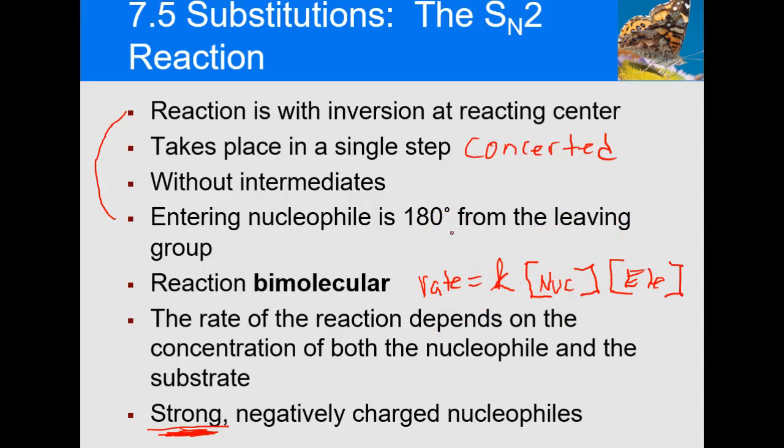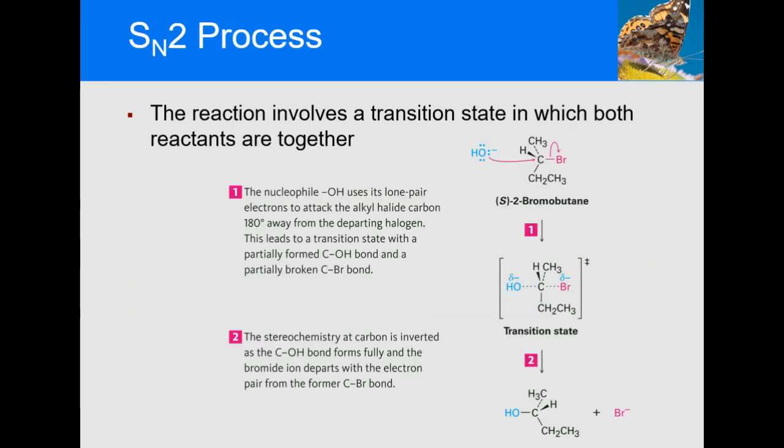So let's look at examples where all this is tied together. Here's a perfect example. The reaction involves a transition state in which both reactants are together. This is the concerted part of the mechanism. Notice my nucleophile, the hydroxide. Here is the halogen. The negative is attacking my partial positive carbon.